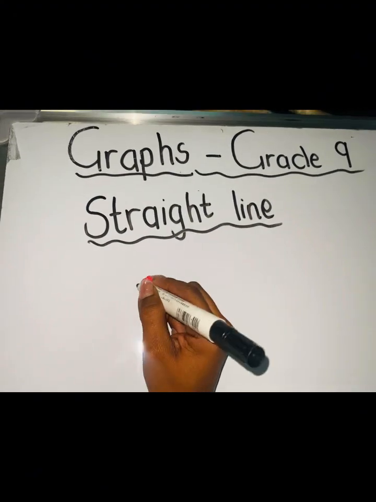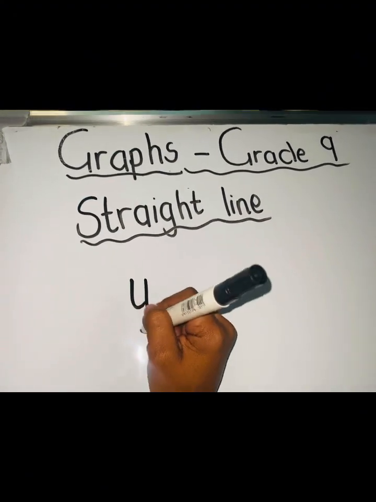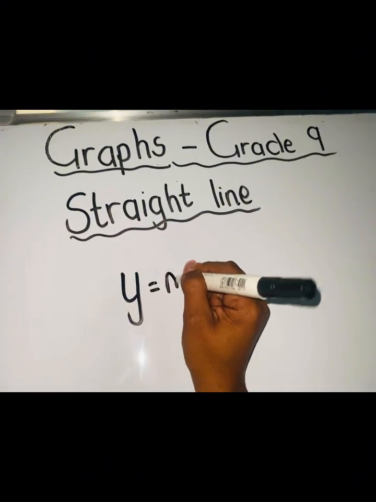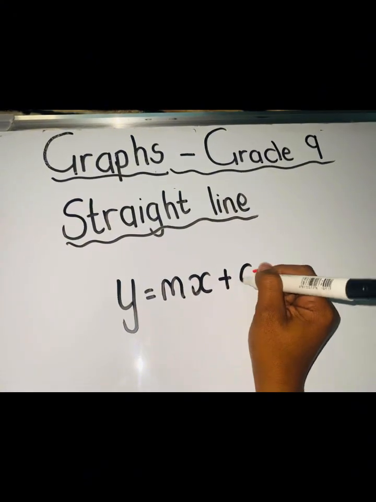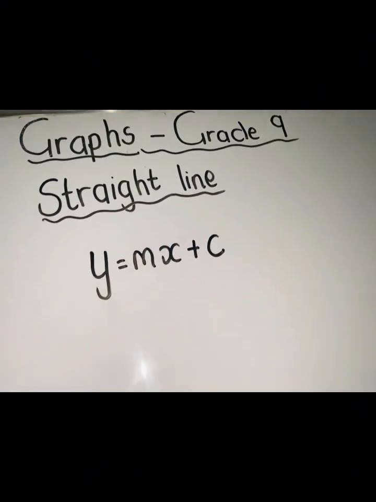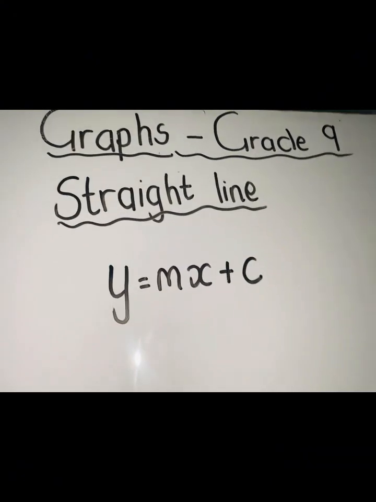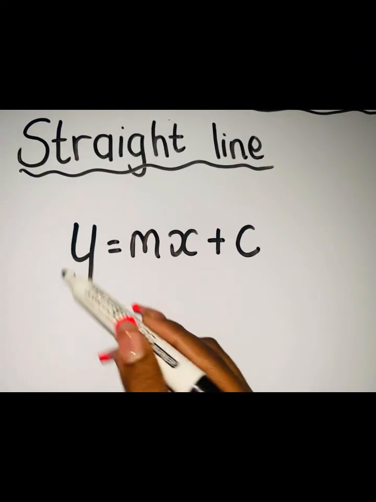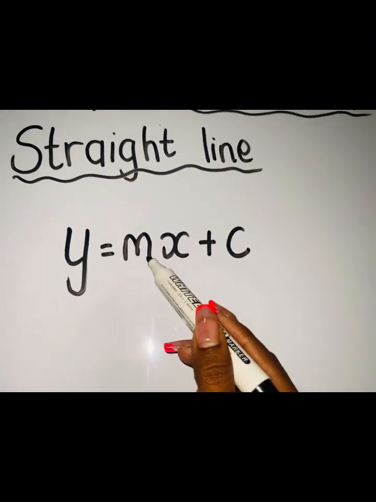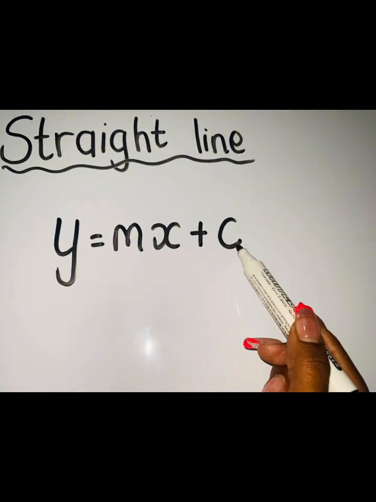Right, so we start with the equation of a straight line. An equation of a straight line can be written in this way, can be interpreted in this way. Right, it says y is equal to mx plus c.